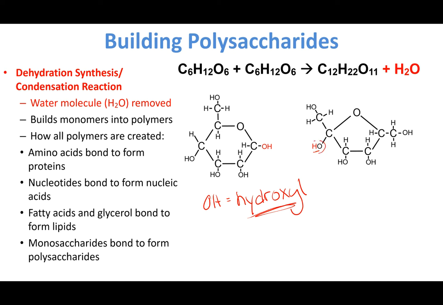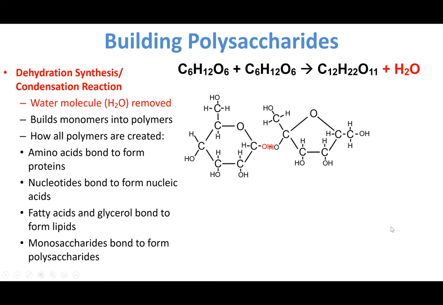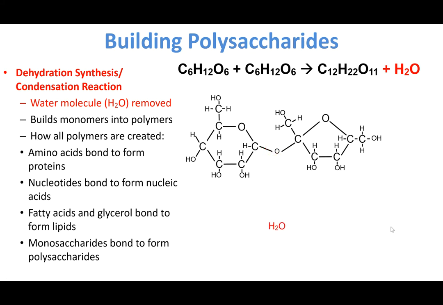This whole thing is a hydroxyl, but the whole thing's not going to go away, just the H's, right? So whenever you're bonding two monomers together, you're going to have the hydroxyl from one that's going to bond with a hydrogen from the other. That forms your H2O, and your water drops out. That's a dehydration synthesis. So if you're producing water, that means you're building molecules.